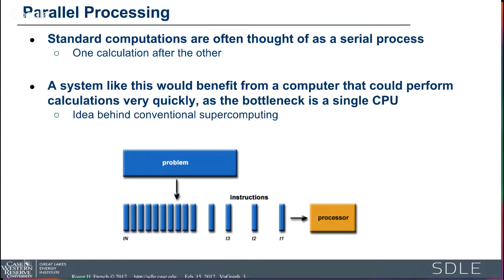With a setup like this, the bottleneck is the processor itself. So a setup like this would require a fast computer if you wanted to run things faster. Here the only way to actually get answers out more quickly is to have the computer run through them faster. But there's another way to do that.